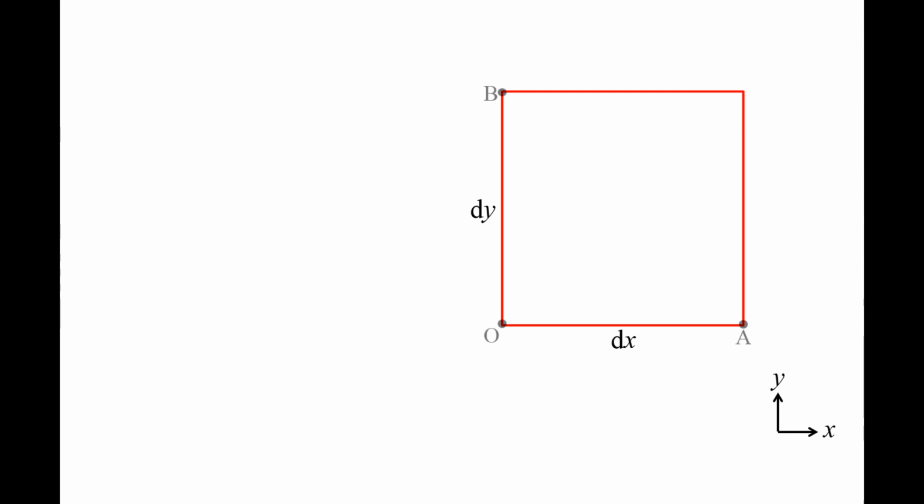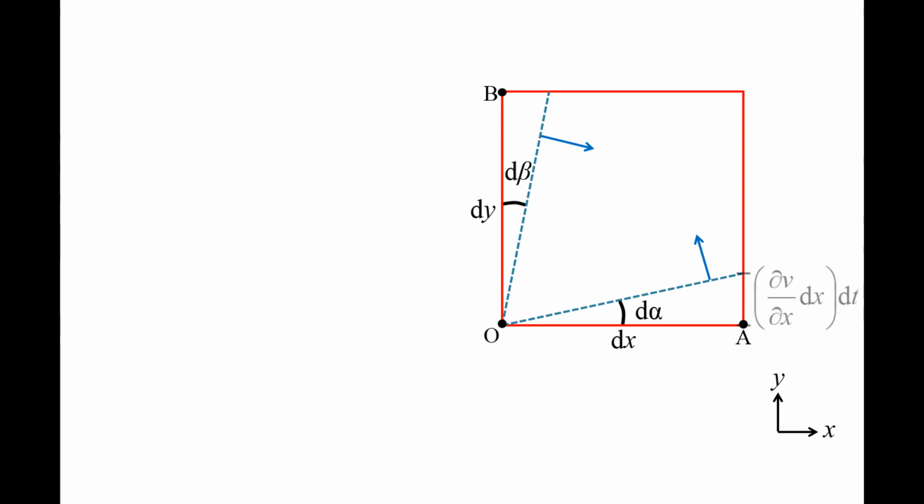We label the lower left corner as point O, the lower right corner as point A, and the upper left corner as point B. The bottom side of the fluid element, OA, rotates a very small angle, d alpha, due to the gradient of the y component of the velocity in the x direction. Similarly, the left side of the fluid element, OB, rotates a small angle d beta due to the gradient in the x component of the velocity in the y direction.